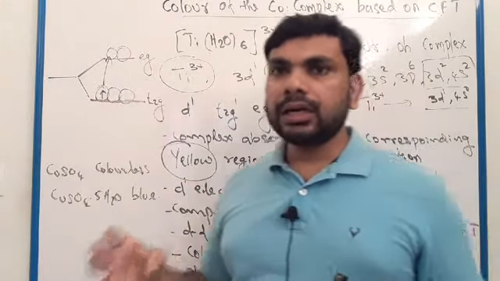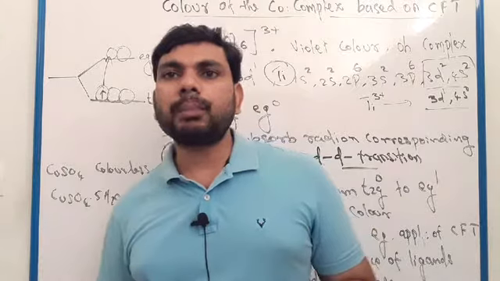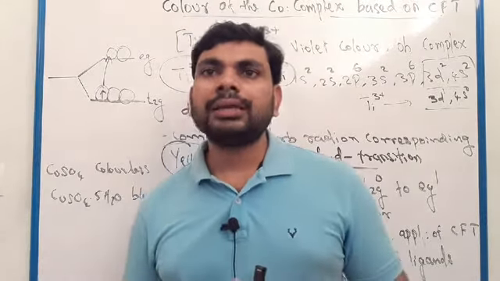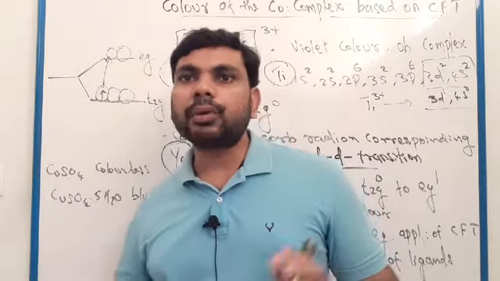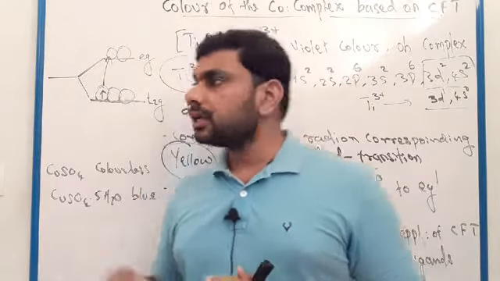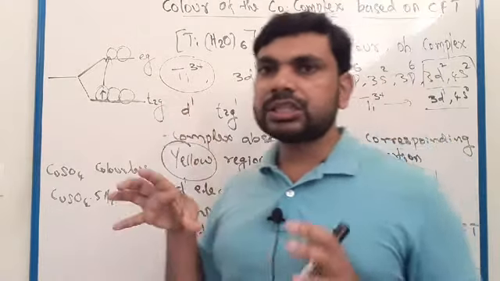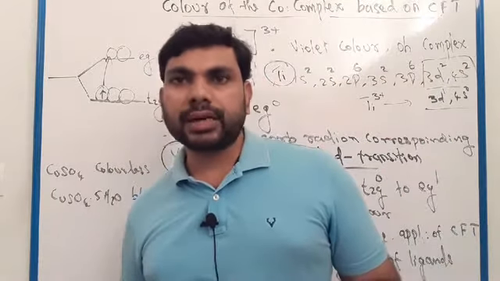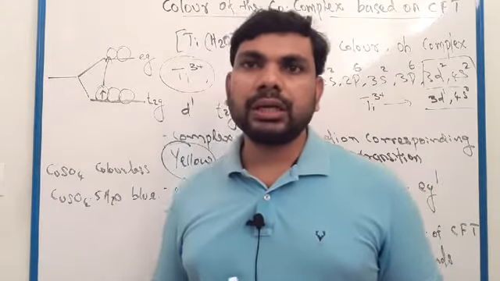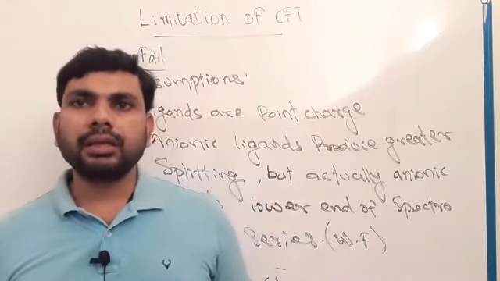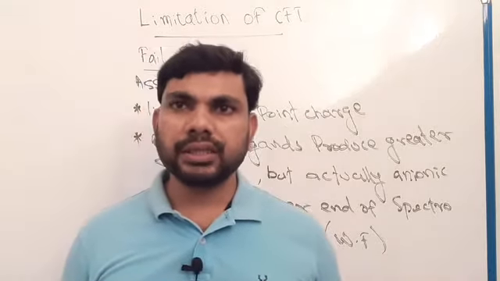This coordination compound absorbs radiation corresponding to yellow color, which is why it appears violet. The transition of the electron from t2g to eg is referred to as a dd transition. Clear?